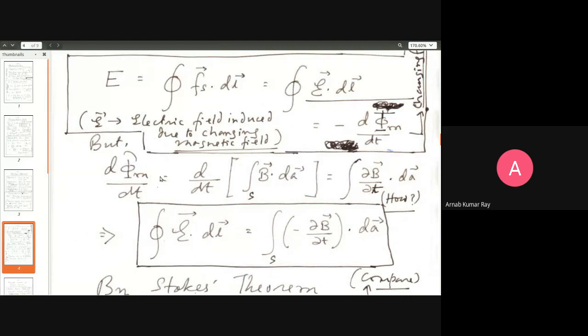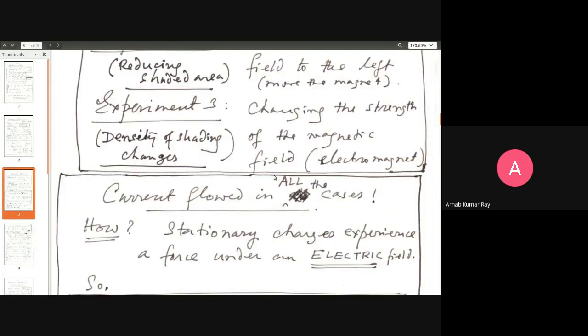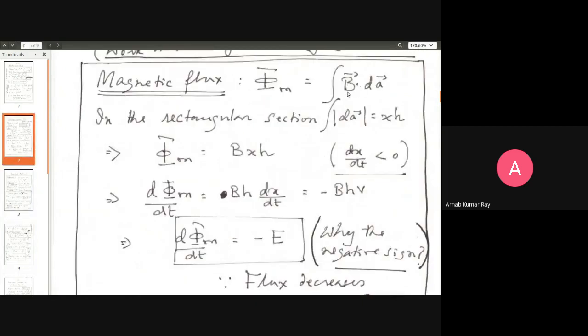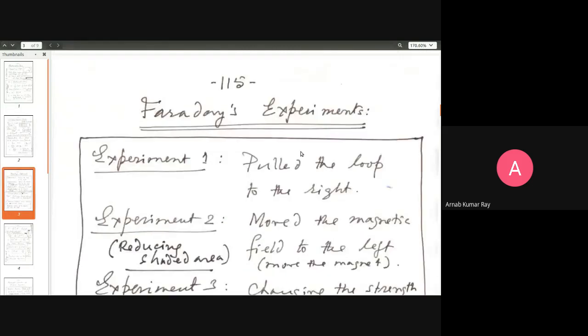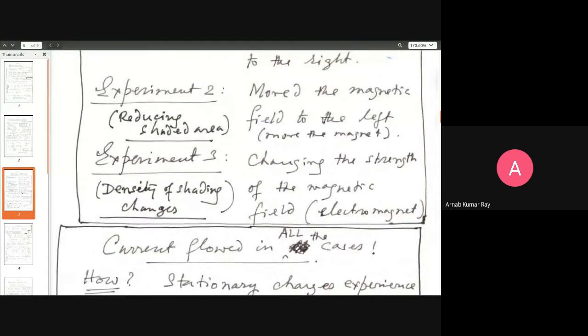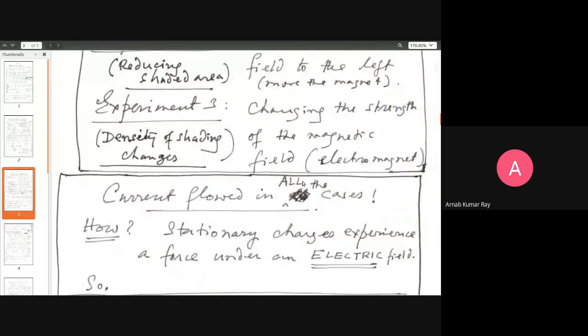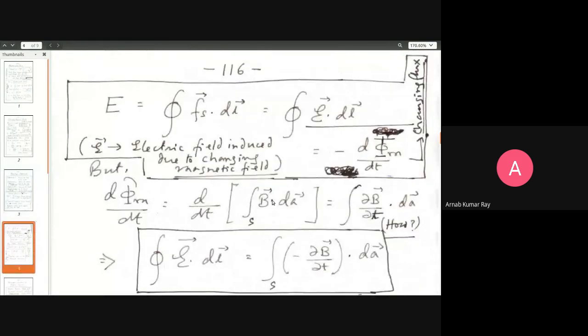Now, let us see. d/dt of phi m is equal to d/dt of... Okay, follow carefully. What is phi m? Phi m is the integral of B dot dA. Earlier, B was fixed when we wrote this, but now B is no longer fixed. B is changing, either shifting to the left or changing its magnitude. So we can't really pull the B out of the integral. But we are writing d/dt, phi m is the surface integral of B dot dA. This is the flux.